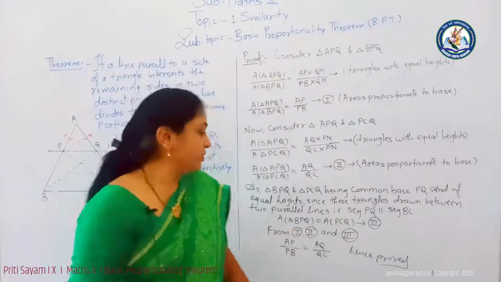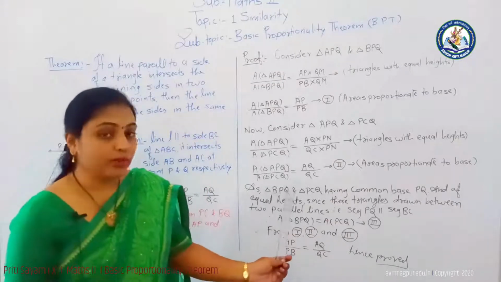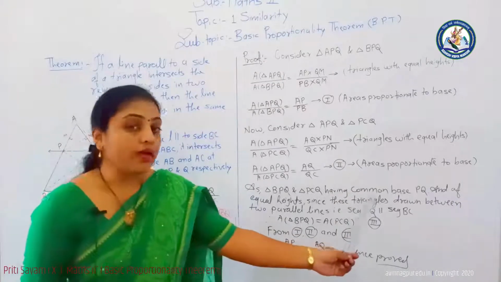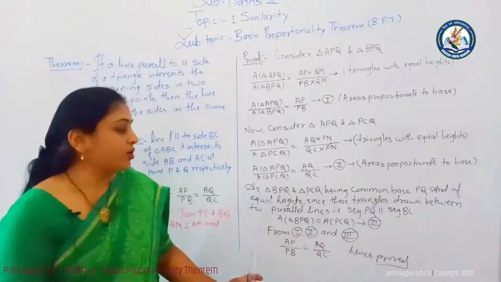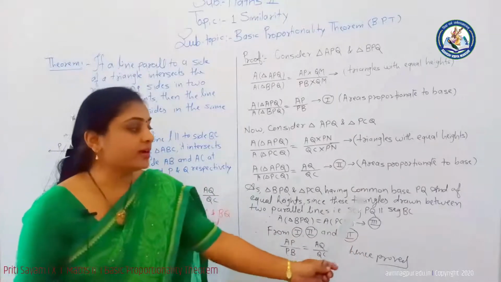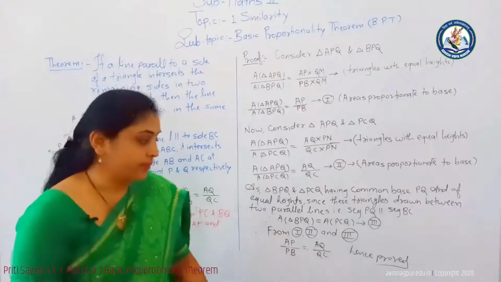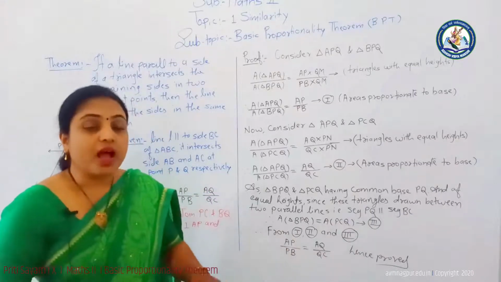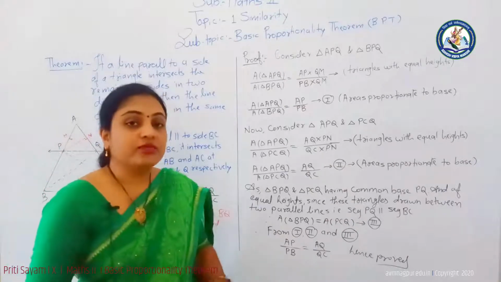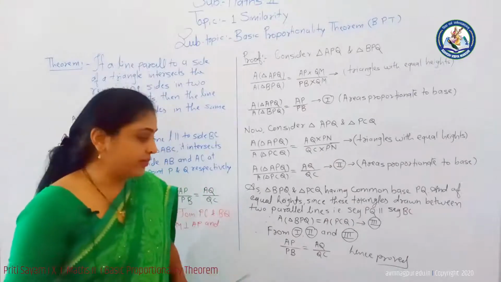Hence, we write here that triangle BPQ and PCQ have common base PQ and equal heights, since these triangles are drawn between two parallel lines, PQ parallel to BC. Therefore, as they have the same height and base, their areas are same.